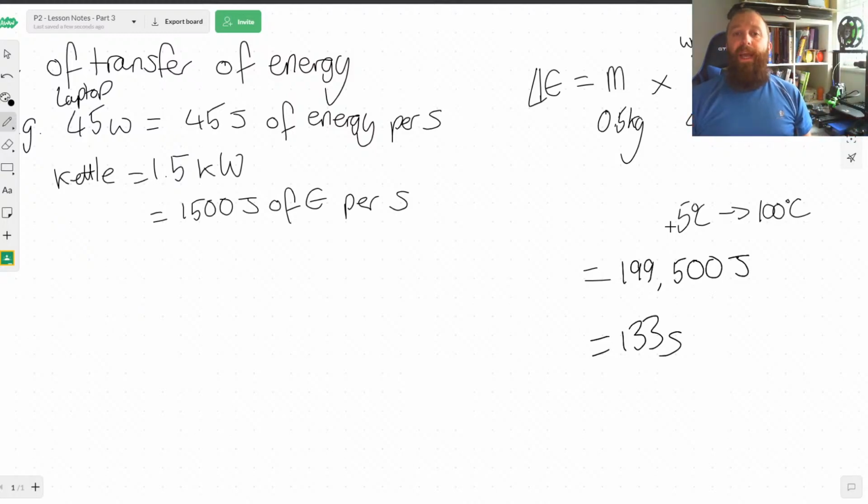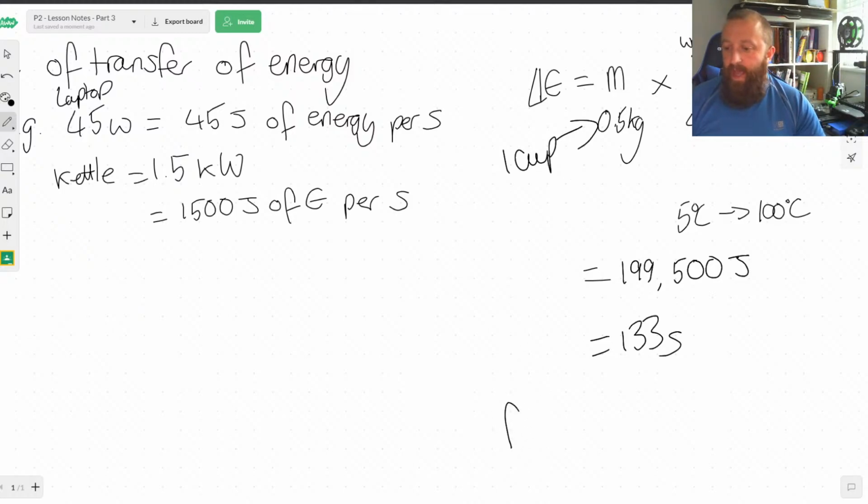If I'm boiling the whole kettle, I think my kettle takes 2 litres of water. That's about 2 kilograms, just to give you an idea of the difference. So let's say that's 1 cup.